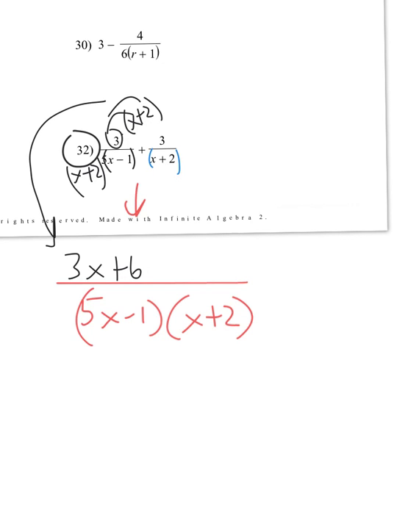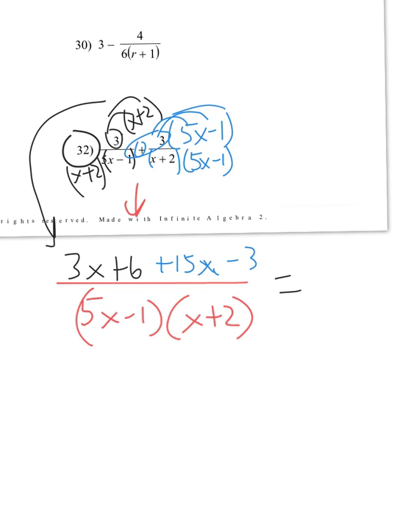Over here, I need to multiply this by the binomial I'm missing, which is 5x minus 1. Now, really pay attention. That's a positive 3 that I'm distributing here. So this is plus 15x, and then positive 3 distributed to negative 1 is minus 3.